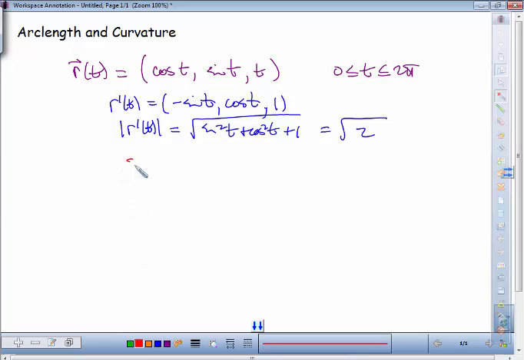So your arc length is going to be the integral from 0 to 2 pi of square root of 2 dt, which is square root of 2 t from 0 to 2 pi, which is just 2 square root of 2 pi.